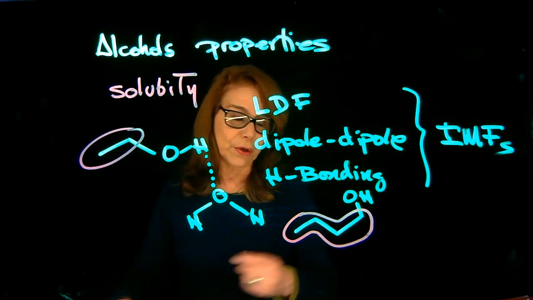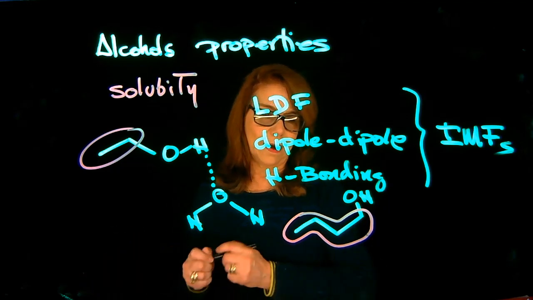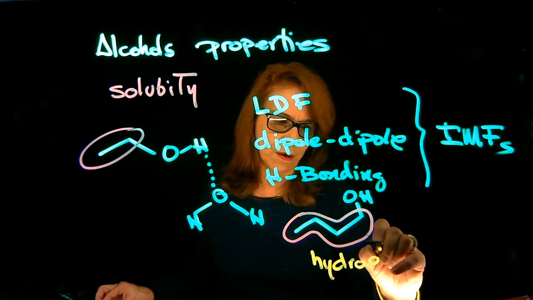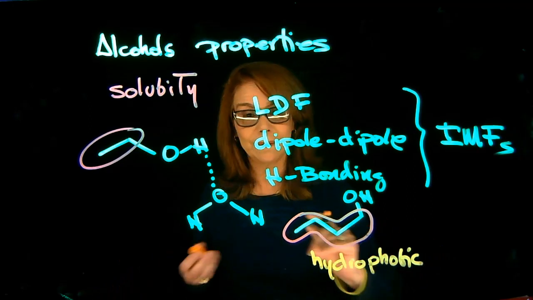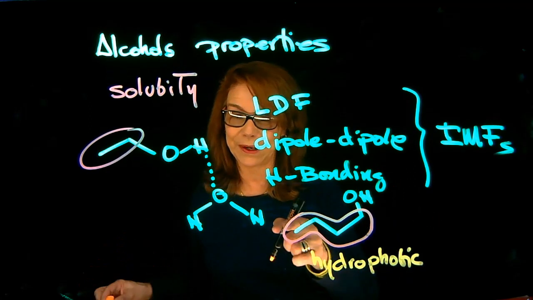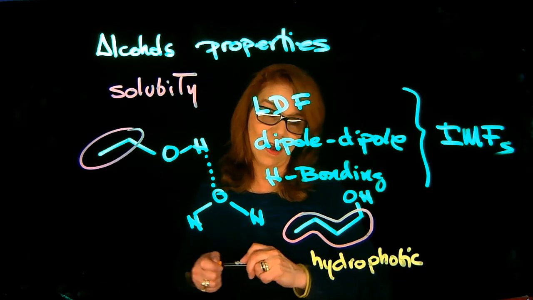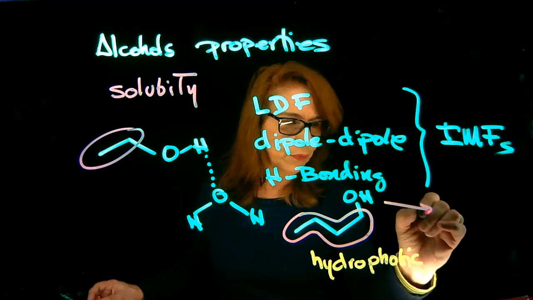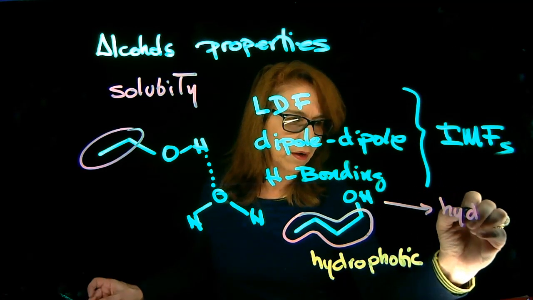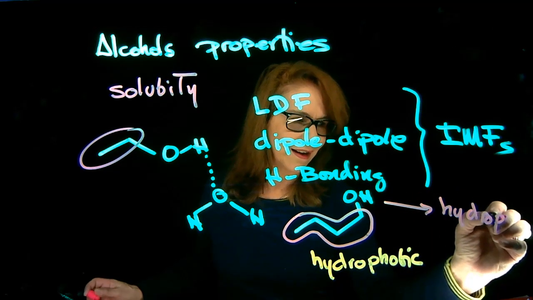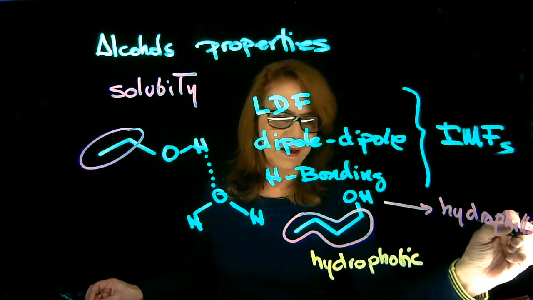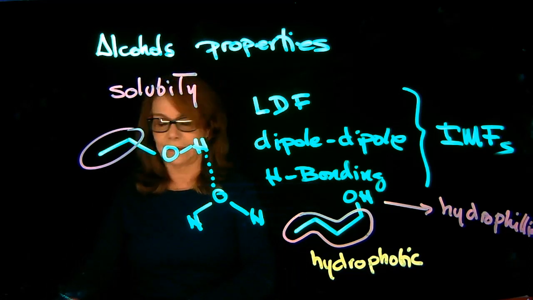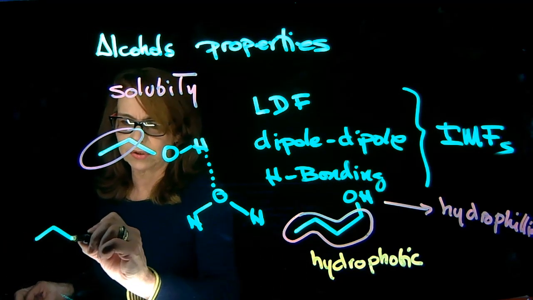So this region we're going to call the hydrophobic region. That means it doesn't like water. It does better with non-polar substances, for example oil. This part we're going to call the hydrophilic. And so as the alcohol molecule increases in size, let's now throw in something much larger.